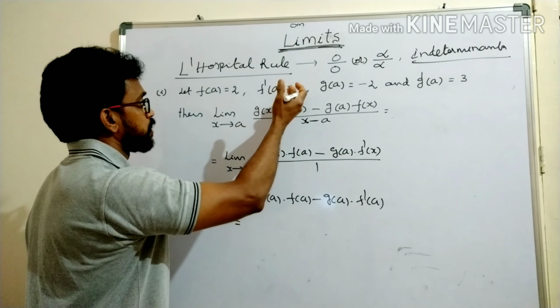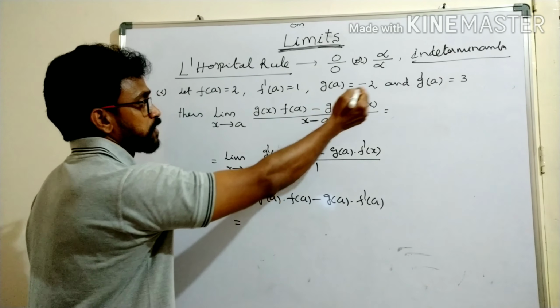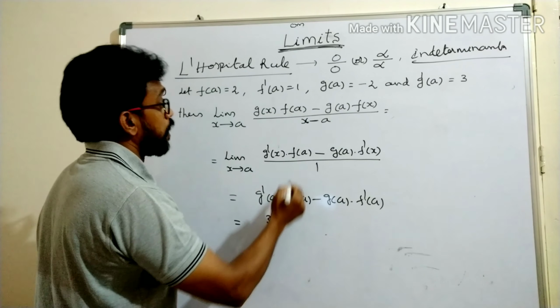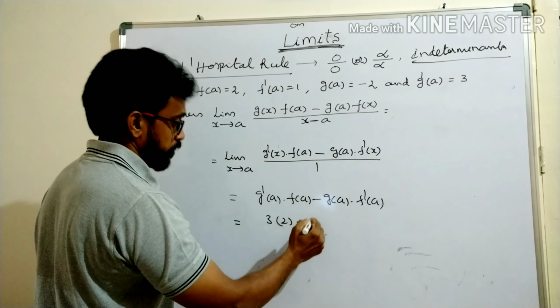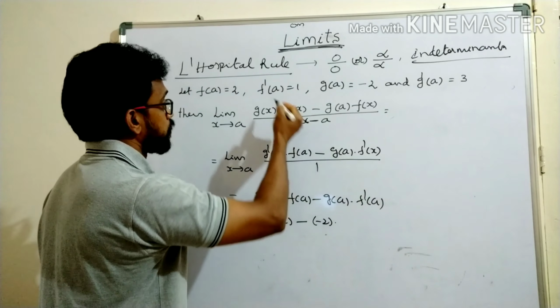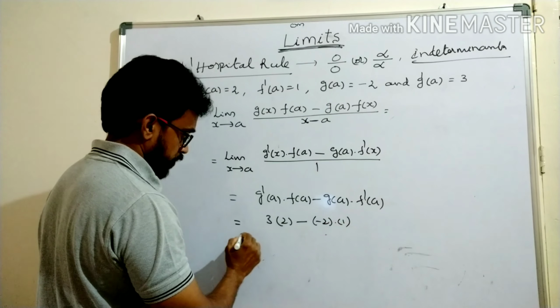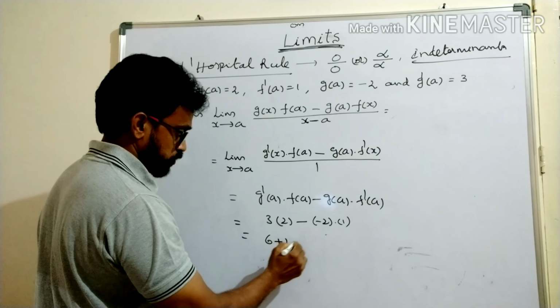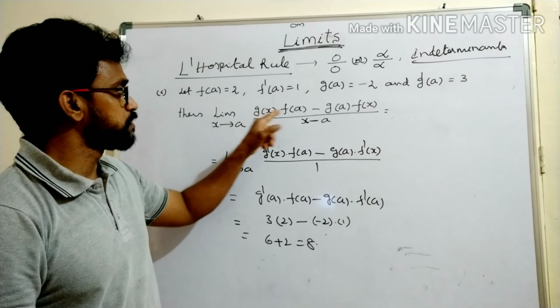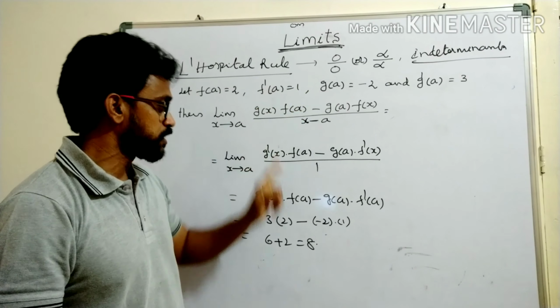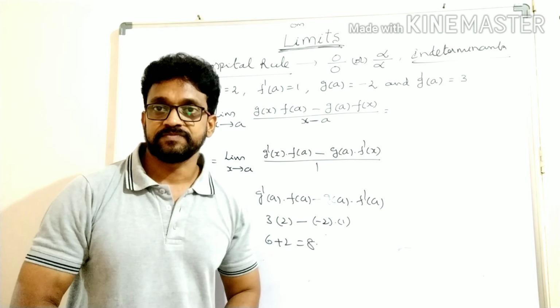Very clear. g dash of a means 3 and f of a means 2, minus g of a means minus 2, f dash of a is 1. Very clear, 6 plus 2, 8. So as x tends to a, according to the given data, this function tends to 8.